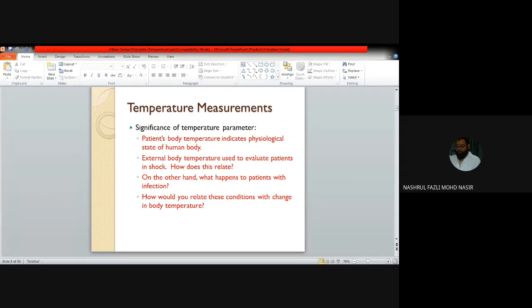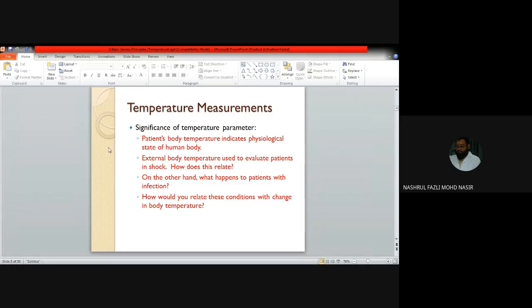Maybe they observed it, but they didn't make it a parameter. Pressure, heat, force. All these things are physics. So that is the beauty of it.